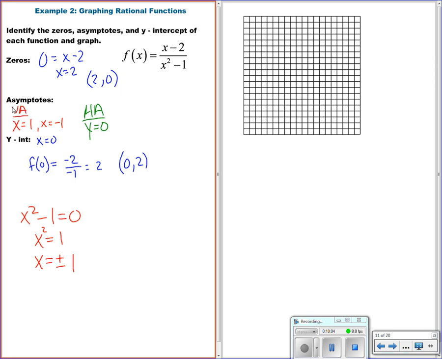Draw in your asymptotes. Or drawing your axes. I'm sorry, I'm drawing in my axes. Then we're going to draw in our asymptotes. Since our numbers are so small, I'm going to go in units of 2 or units of 1/2. So therefore, our vertical asymptote is going to be at 1.